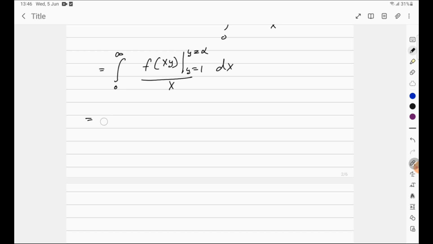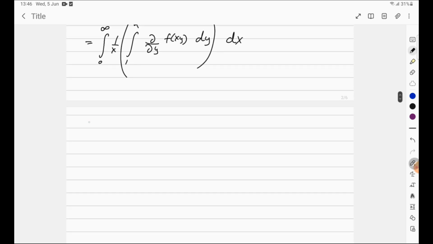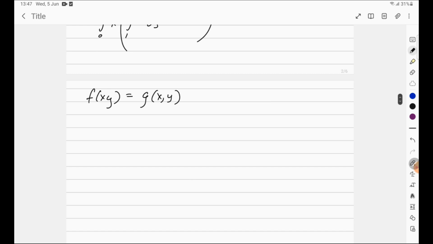And then I can further simplify that as the integral from 0 to infinity of 1 over x, the integral from 1 to alpha of the derivative of f with respect to y, dy dx. So this whole term is the same as the numerator, so this is a valid substitution. Okay, and now I'll describe some f(x) in the form of some g(x) and take partial derivatives with respect to y on both sides. So I'll get del over del y of f equal to del over del y of g.